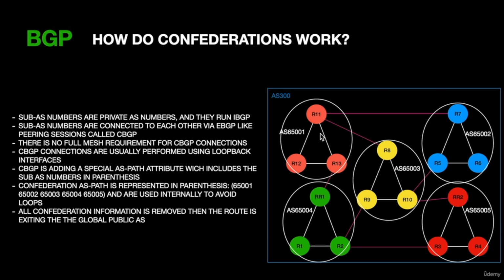The EBGP connection is also called CBGP. And when configuring confederations, you usually use loopback interfaces for EBGP and for IBGP.